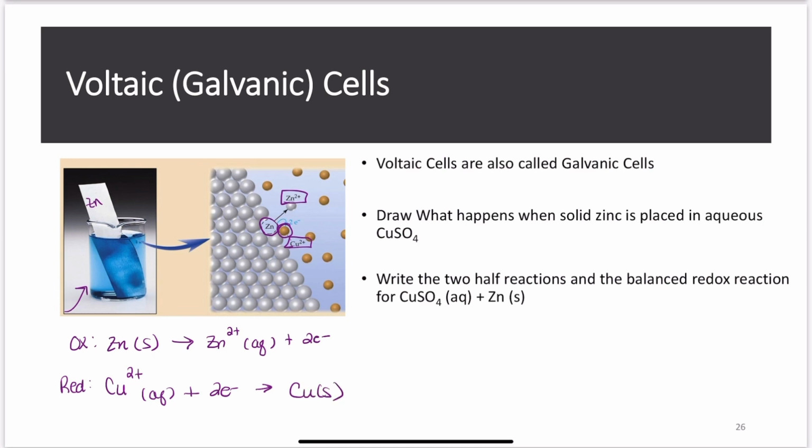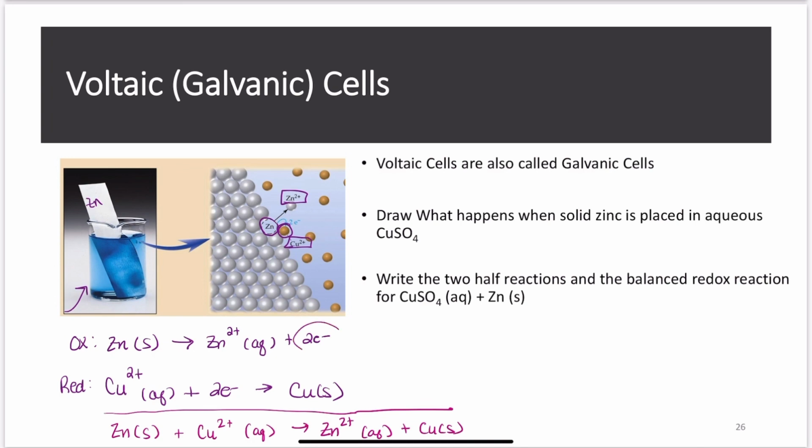So what is my overall reaction here? I add these two things together, right? And when I add these together, I get zinc solid plus copper 2+ gives me zinc 2+ and copper solid.